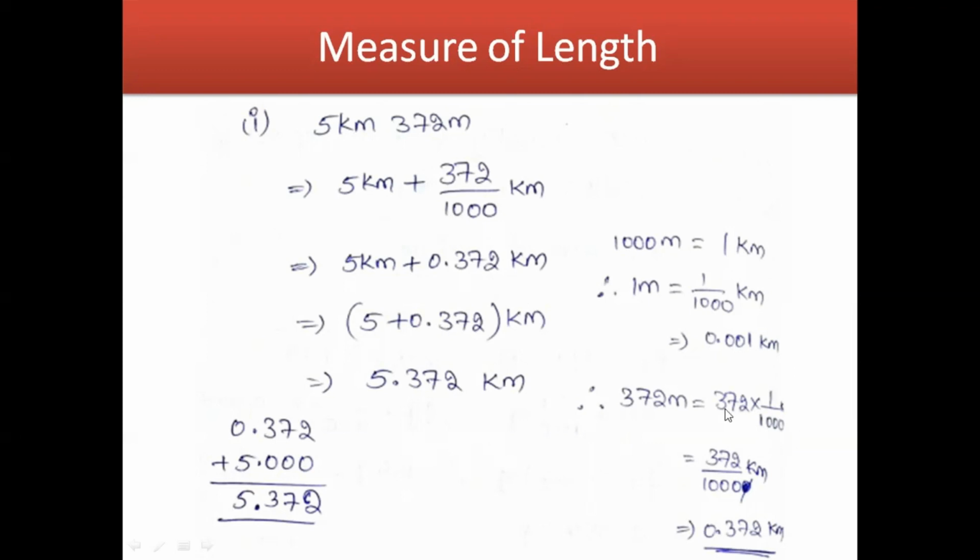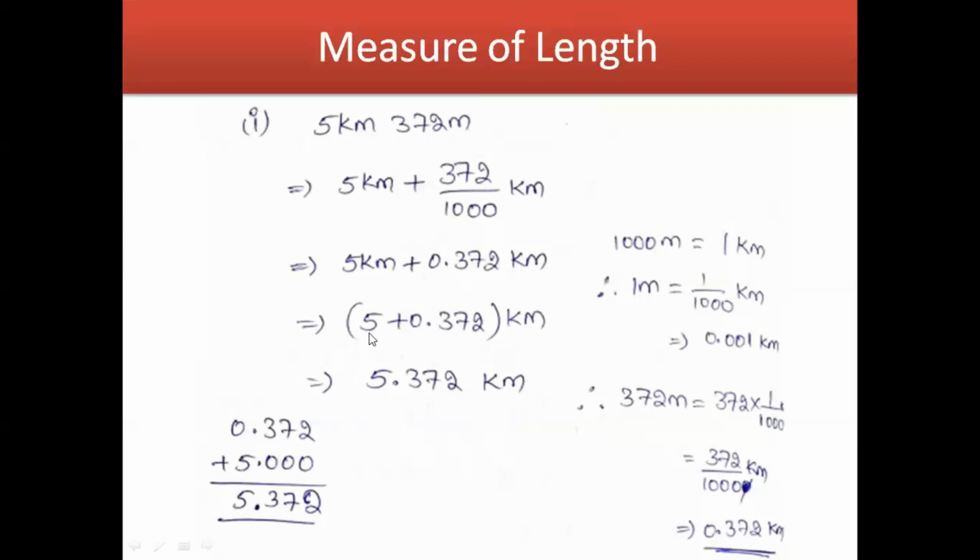Now see 372 into 1, 372 by 1000 kilometers. It is changing into decimals, 0.372 kilometers. Put the decimal point after the 3 decimal places. Now see 5 kilometers plus 0.372 kilometers.